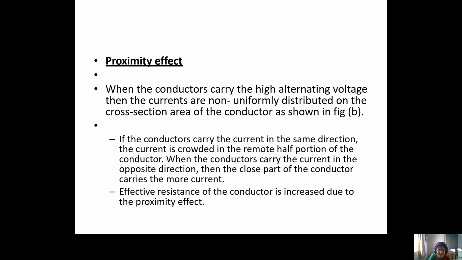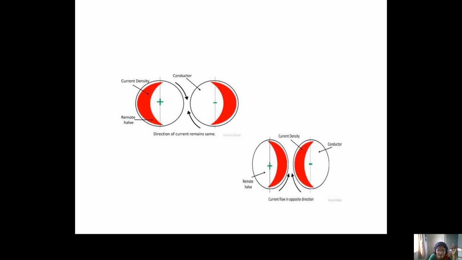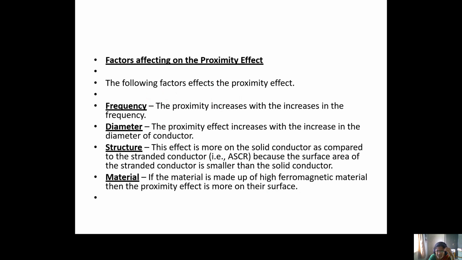When the conductors carry the current in the opposite direction, then the closer part of the conductor carries more current. Effective resistance of the conductor is increased due to the proximity effect, so as the proximity effect increases, the resistance value also increases.